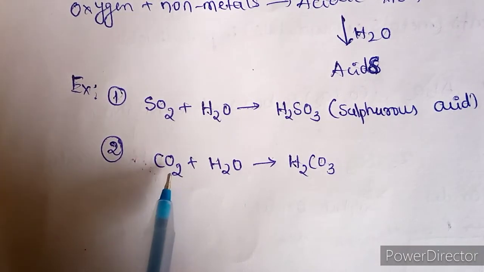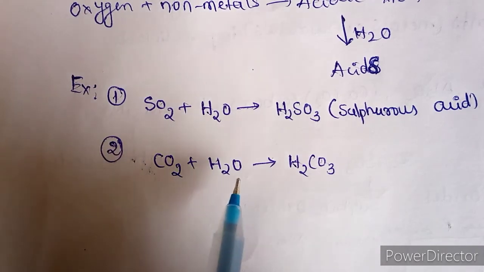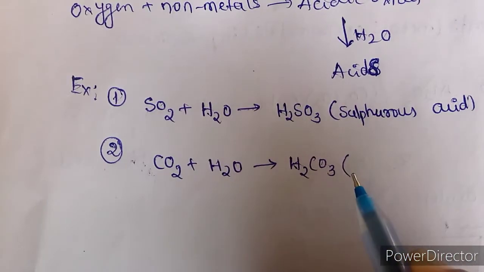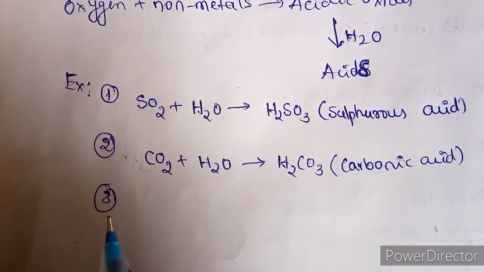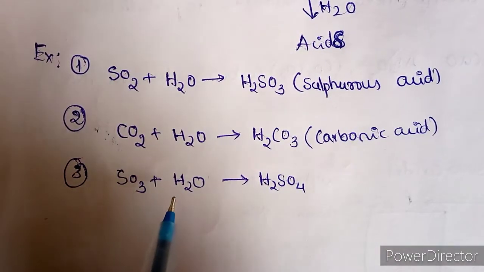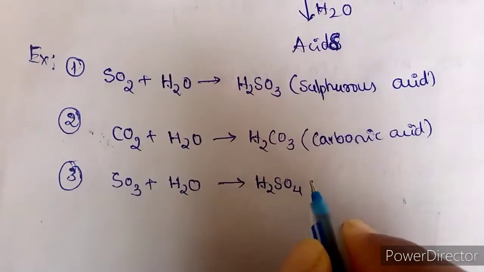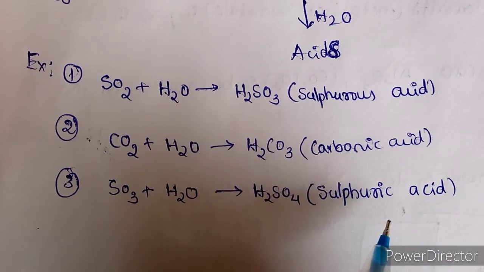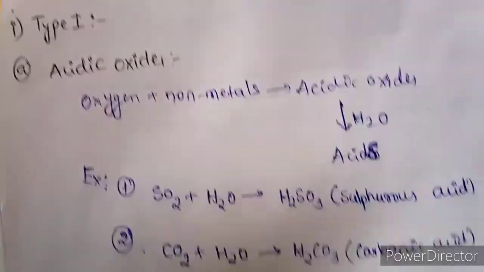It is formed from carbon with oxygen, and when treated with water it forms carbonic acid. Third example, sulfur trioxide. Sulfur is a non-metal. When it reacts with oxygen it forms this non-metallic oxide, and when it is treated with water it forms sulfuric acid. This is about acidic oxides.